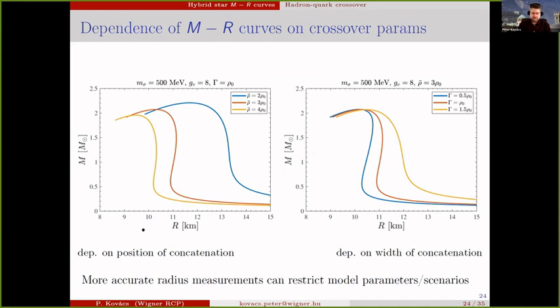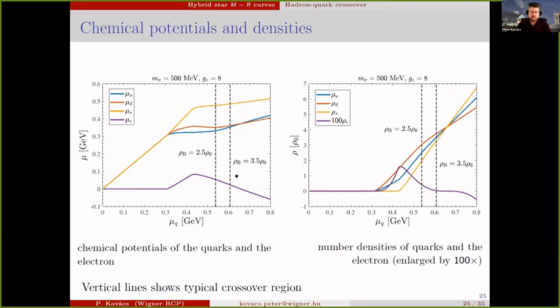But we can say that if we have more and more accurate radius measurements, then of course we can restrict our model parameters. We can restrict our scenarios, even exclude some of the models, hopefully, and get a better and better understanding of the model.